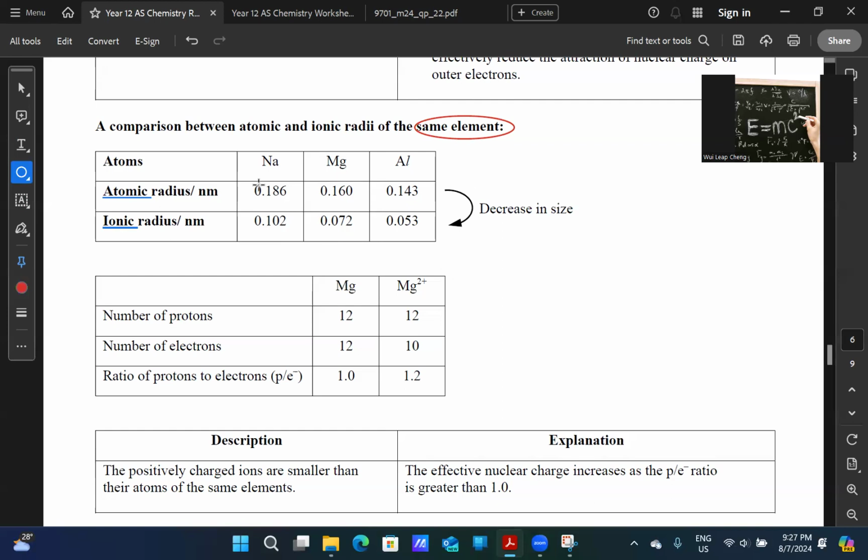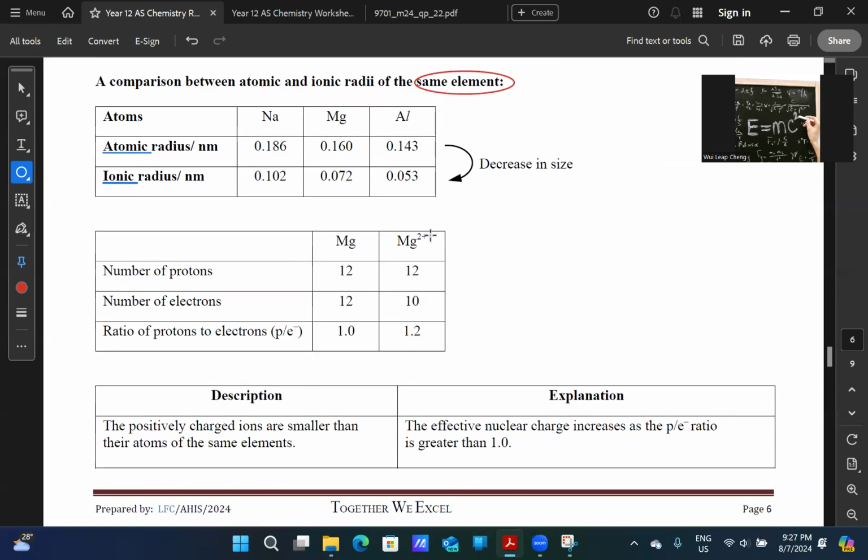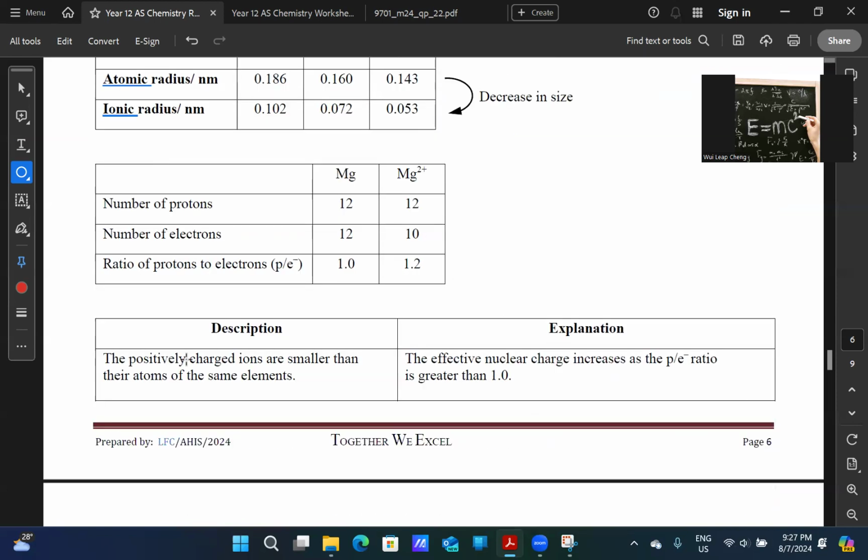The atomic radius is greater than ionic radius. This indicates what? If the metal atom loses electron to form the ion, the size of the atom will reduce. Why are the positively charged ions always smaller than the atom?